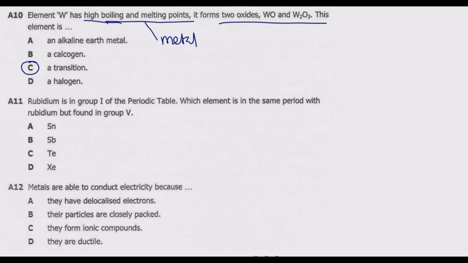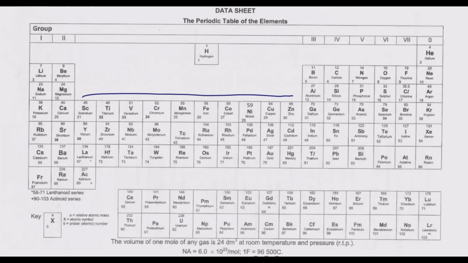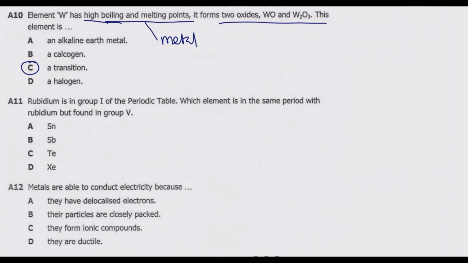Just in case you are wondering, an alkaline earth metal, these are group 2 elements, the elements that you see here, starting with beryllium, magnesium, calcium, going down. Then you have the chalcogens. These are group 16 elements, and they consist of 4 elements: oxygen, sulfur, selenium, and tellurium.